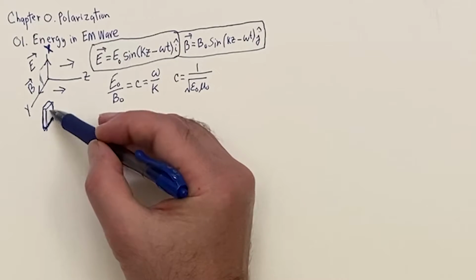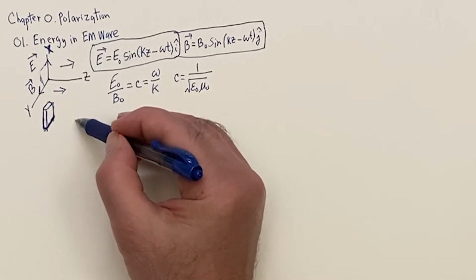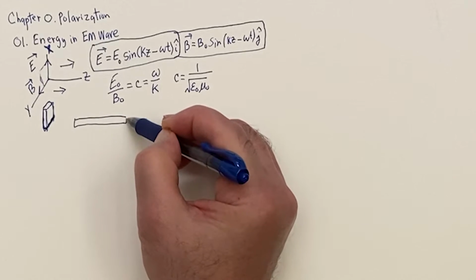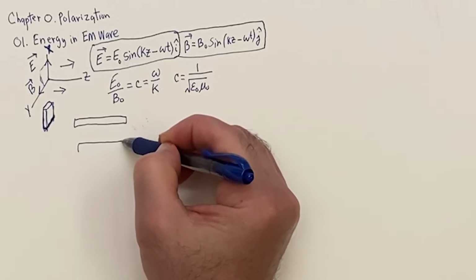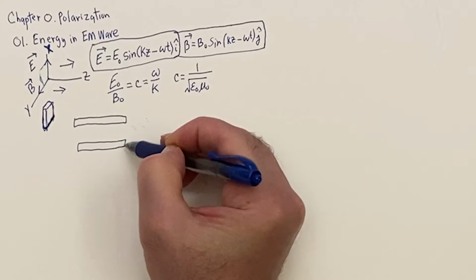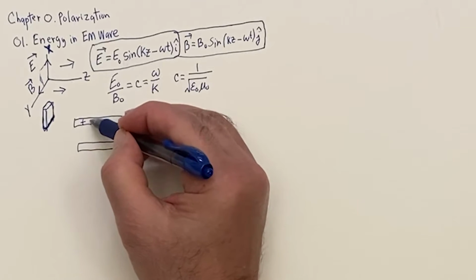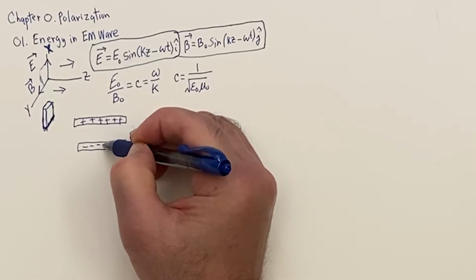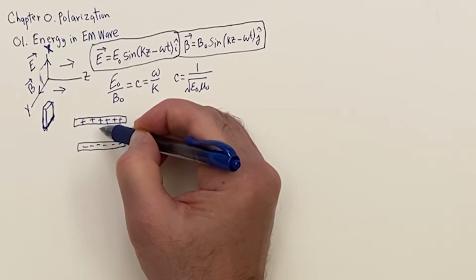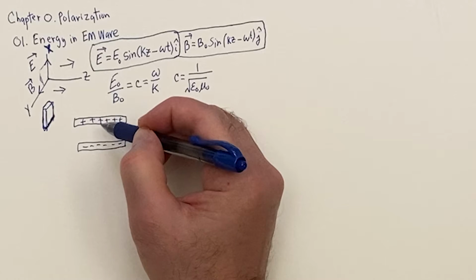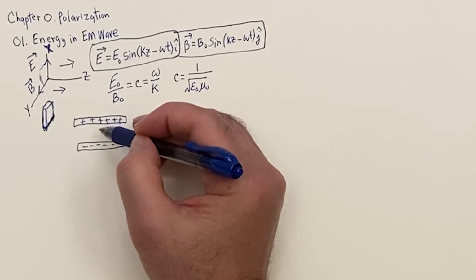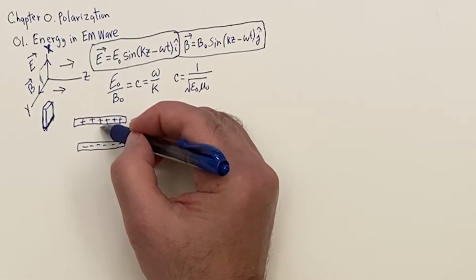So this suggests we look at a model where we have 2 plates, because 2 plates can get us an electric field very nicely. If we have plus here and minus here, remember the electric field is going to point so that it tells you where a plus charge would go.